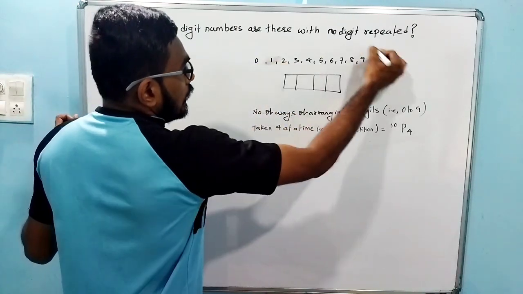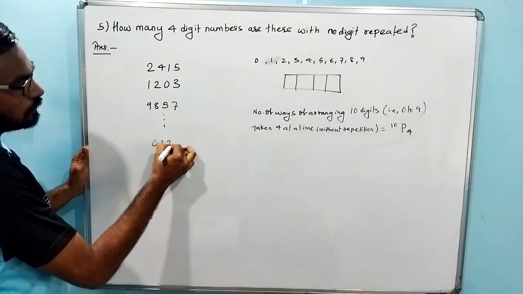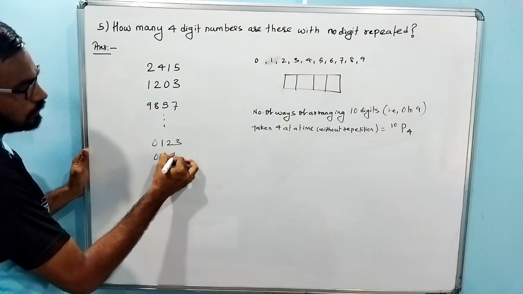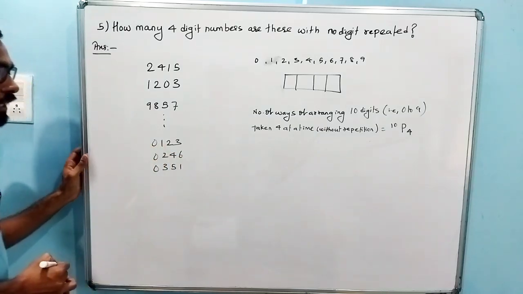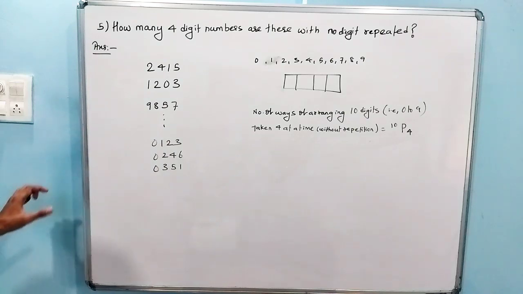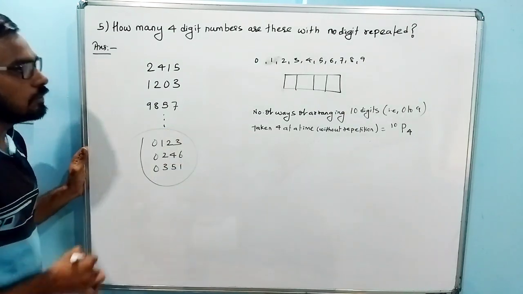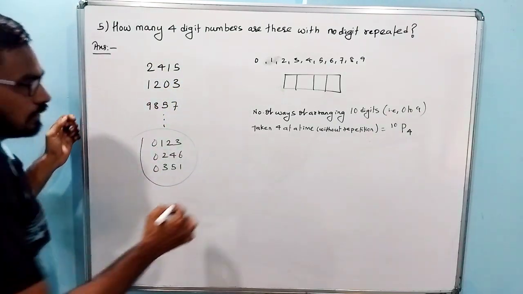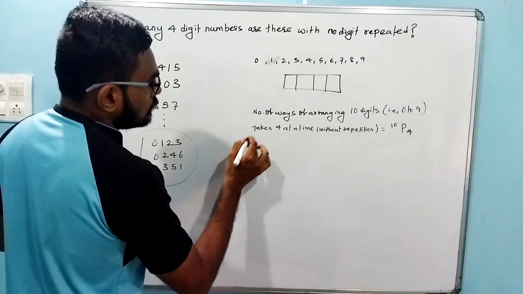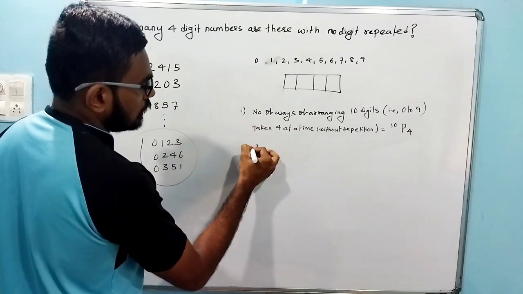Now this arrangement will also contain numbers like 0, 1, 2, 3 or 0, 2, 4, 6 or 0, 3, 5, 1. But these are obviously not 4-digit numbers because there is 0 initially. So we have to exclude these.